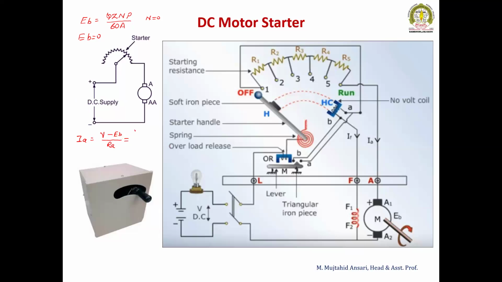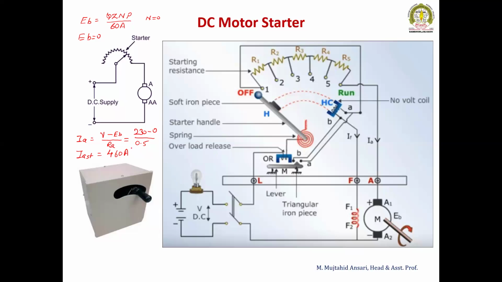So if we apply 230 volt minus back EMF, which at the time of starting is 0, divided by 0.5 ohm, the armature current at starting is 230 divided by 0.5, which is 460 ampere. This inrush value of 460 ampere will definitely damage the motor as well as the distribution wiring connected to the motor.